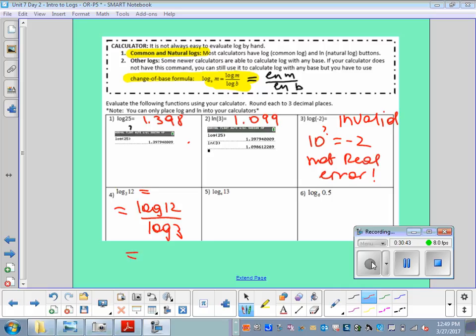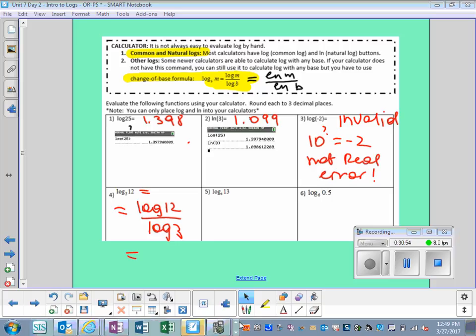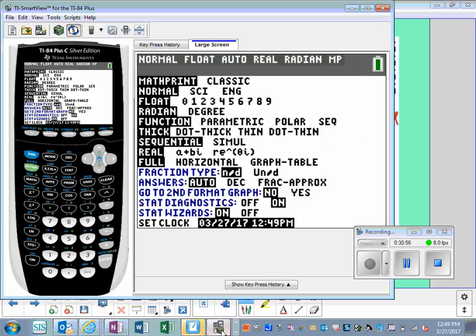Why can't you do that again? Because some of the newer calculators will allow you to enter logs with any base, but our calculators here, the older versions, only have the natural log and the common log. You cannot choose the base.